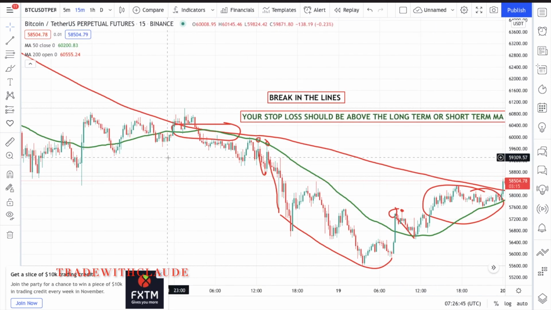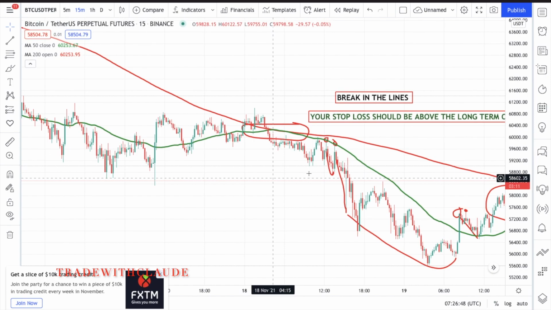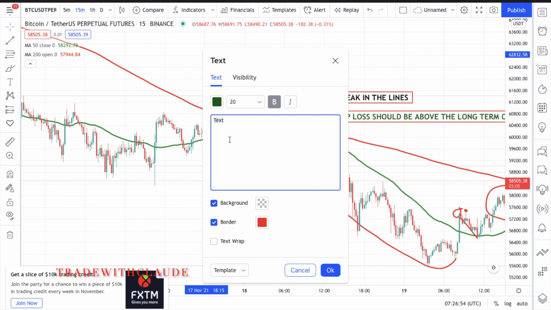Now that you know how to make your entries, how do you make your exits? You make your exit simple. When you see a squeeze, or candles getting smaller, or you see an opposite cross.